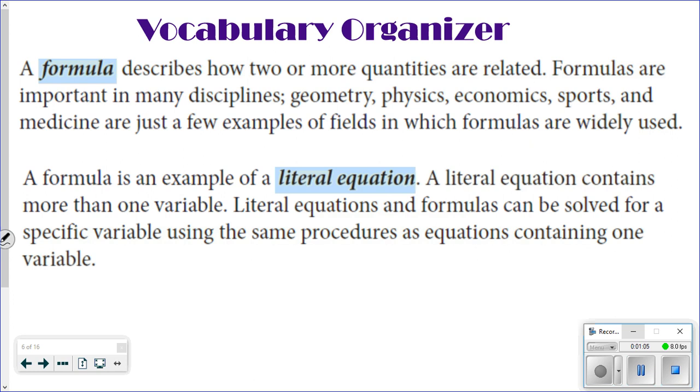Think math, physics, economics, sports, medicine, etc. So that's what we're going to be focused on today. A literal equation contains more than one variable, more than one letter. So it might have an x and an m. We might have b and w.